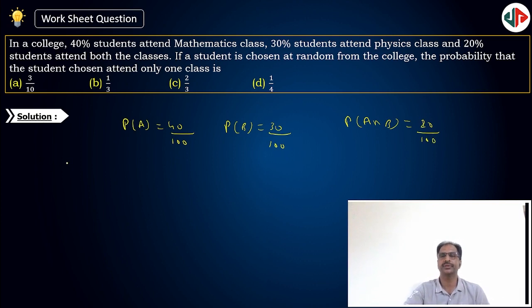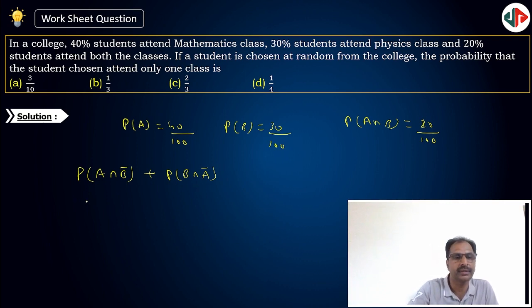If a student is chosen at random from the college, the probability that the chosen student attends only one class means if he attends mathematics class, he should not attend physics class, or if he attends physics class, he should not attend mathematics class. So this is the required probability.